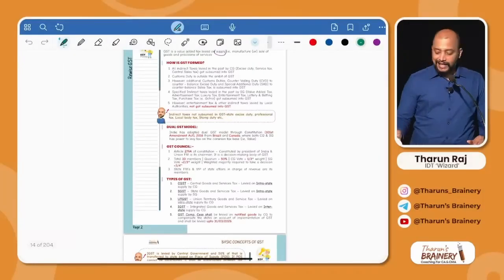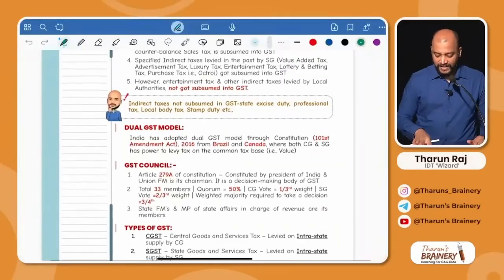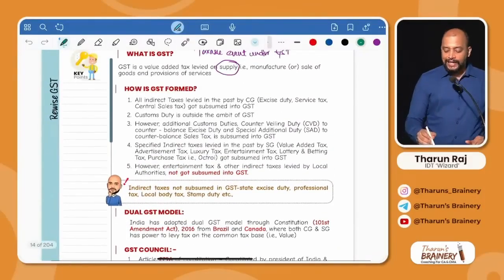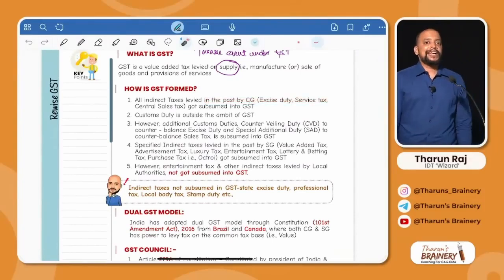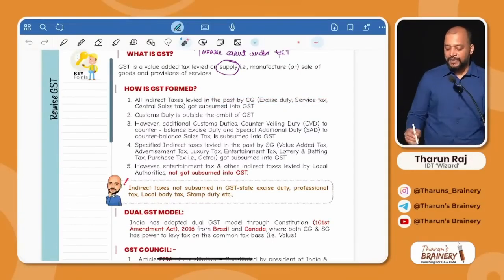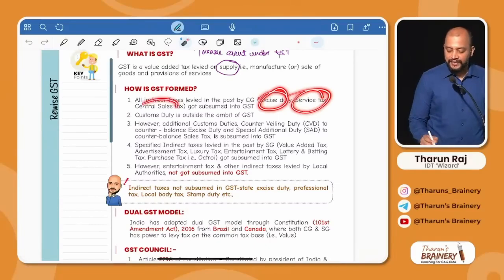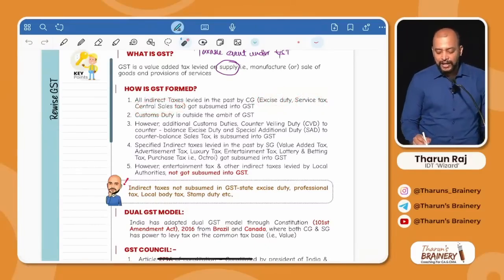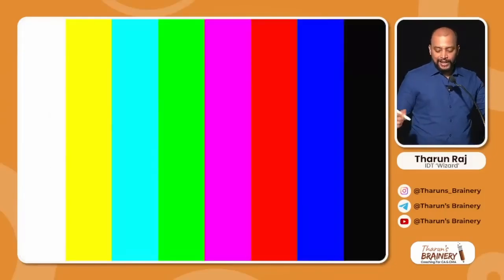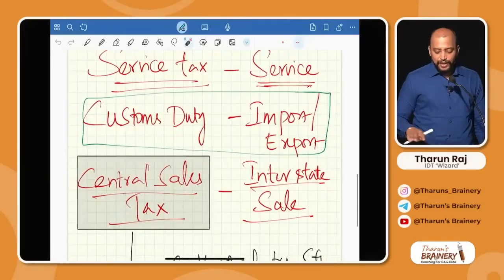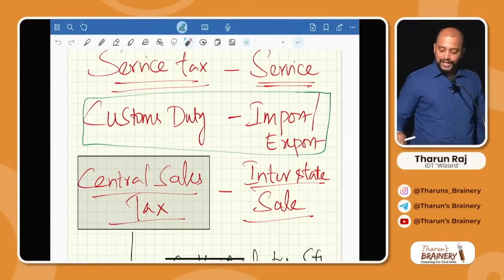The first point is that all indirect taxes levied in the past by the central government, central excise duty, service tax and central sales tax, got subsumed into GST. And is customs duty subsumed into GST? No. Customs duty did not get subsumed into GST.